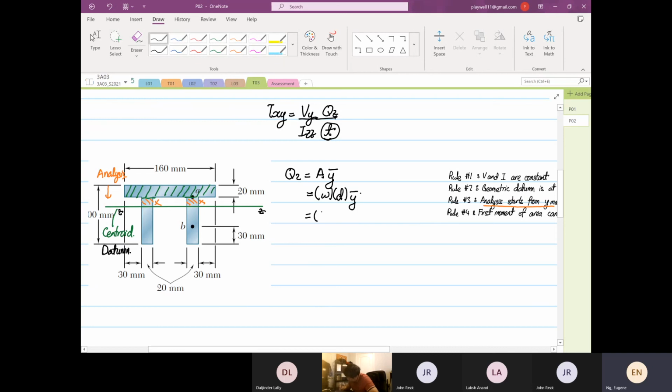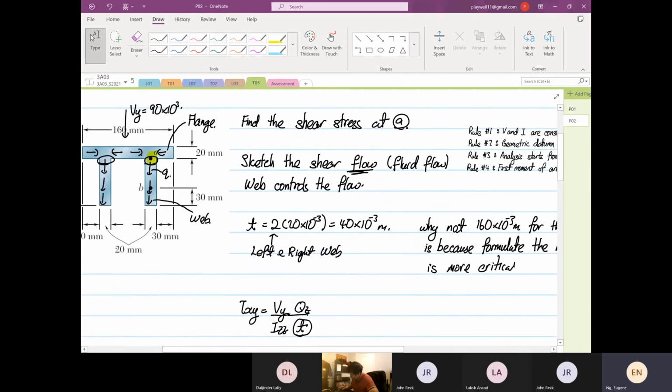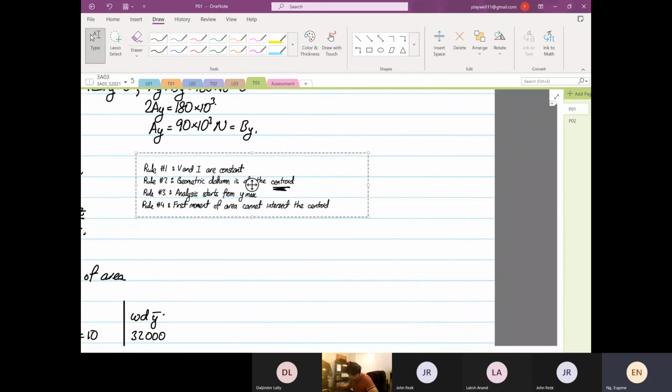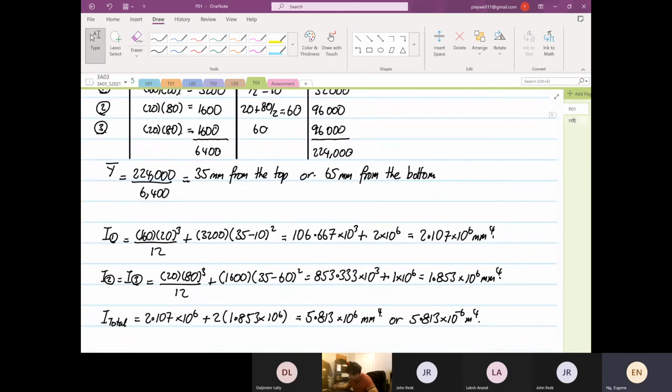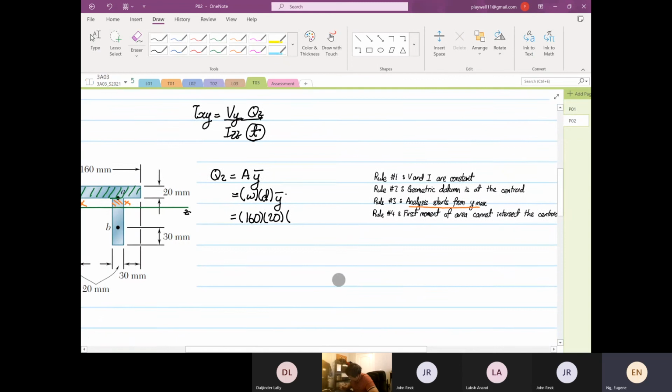So width is 160, depth is 20, and Y bar is the centroid. We calculated the centroid, let me recall. I think the centroid is at 35.